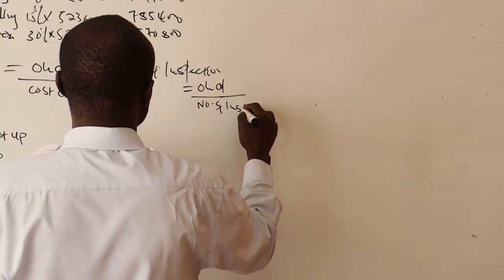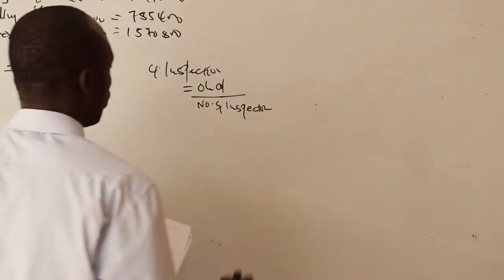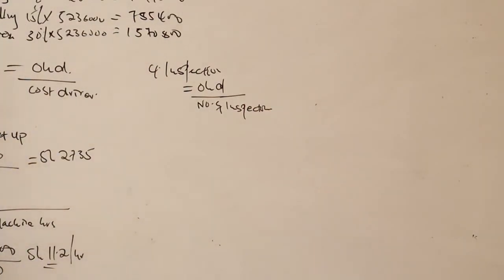You're supposed to be able to know the cost driver of each activity. Some questions are very explicit, others you're supposed to know them. Like for instance, material handling, number of material movements; machinery, number of machine hours; setup, number of setups.